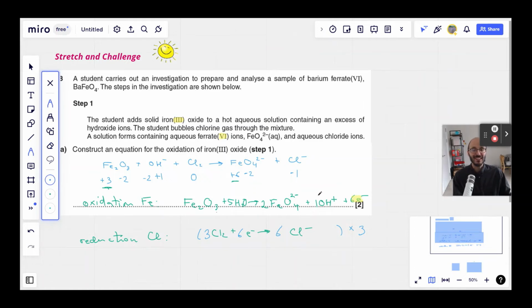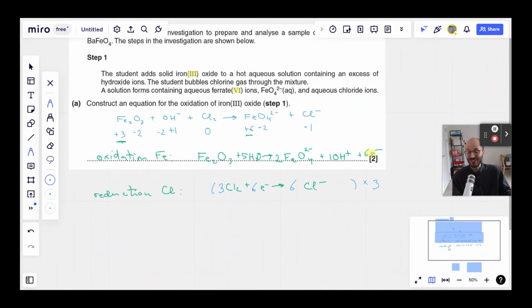Okay. What is the next step? Well, if we were in a classroom, I would ask you to tell me. But well, what we do is we add up both half equations, so all the reactants together and all the products together. So that's going to be the reactants from the first equation plus the reactants from the second equation goes to the products from the first equation plus the products from the second equation, so plus 6 chlorides.